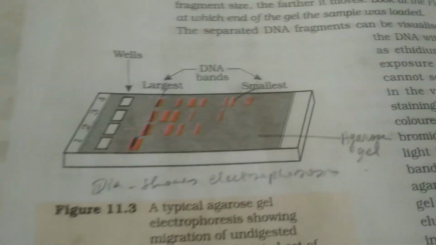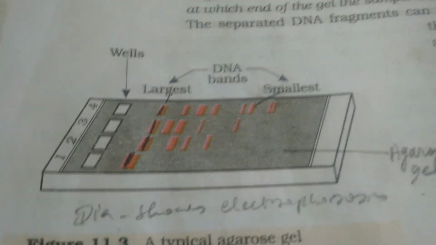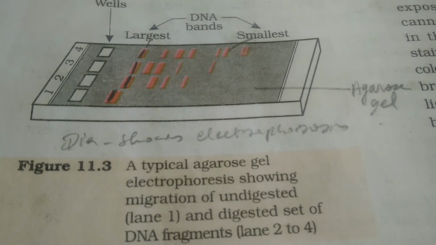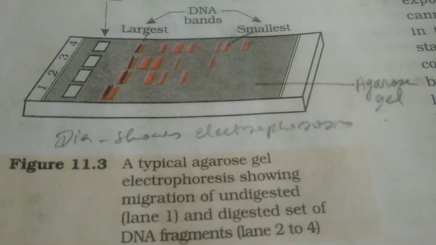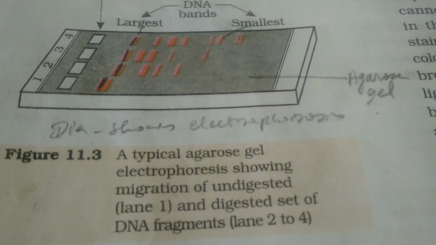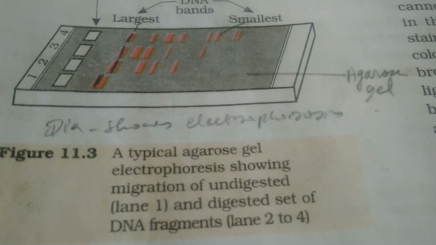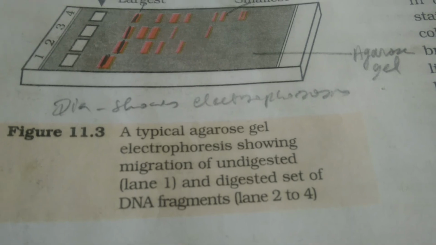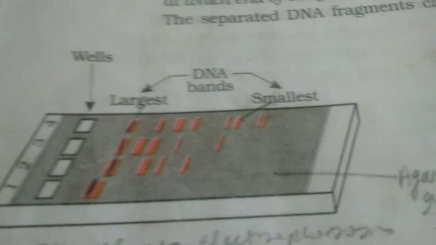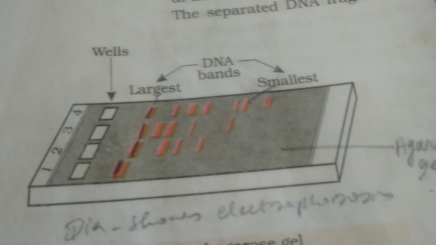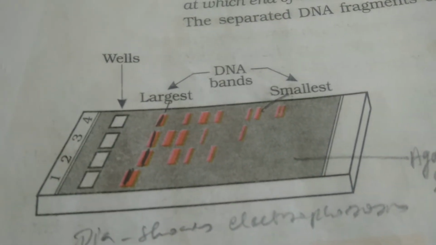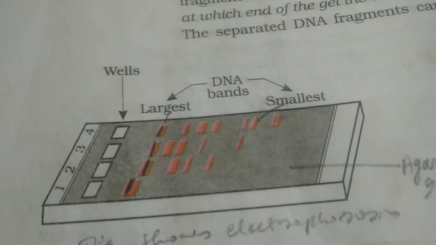See, it is the diagrammatic representation in the textbook. That is the typical agarose gel electrophoresis showing migration of undigested and digested sets of DNA fragments. On the gel plate there are wells. In the wells, the sample is loaded.